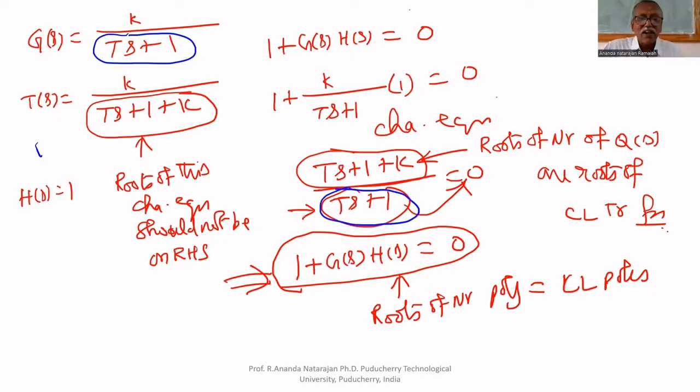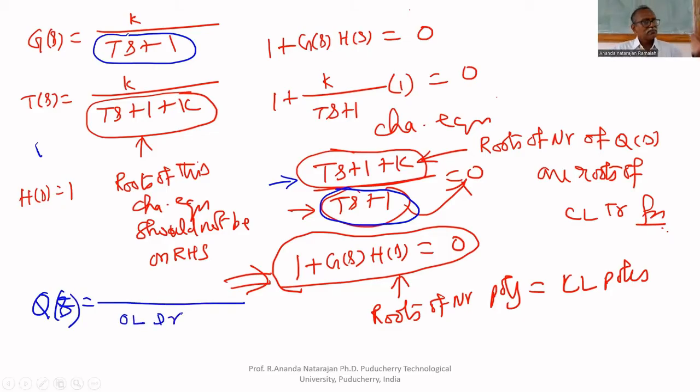But the numerator of Q of S is the denominator of the closed loop transfer function. So I can say that Q of S equals the open loop denominator. Can I write like that?